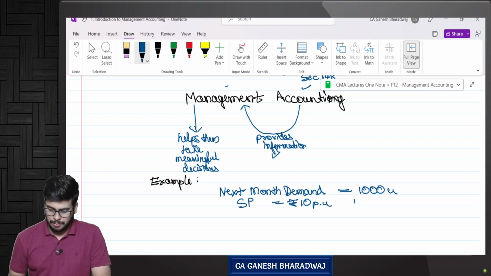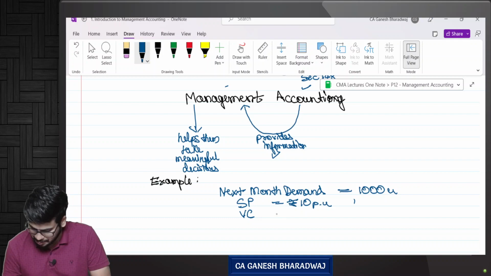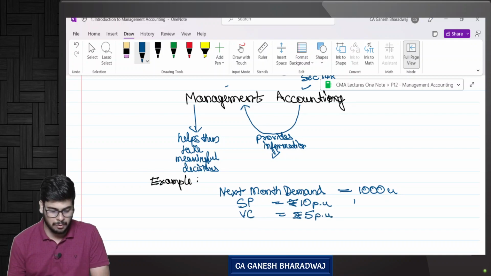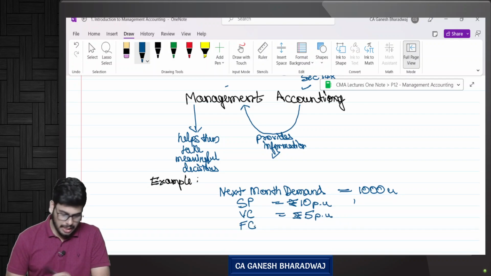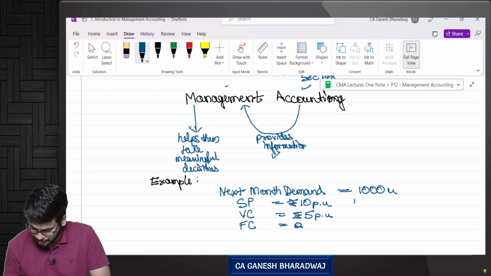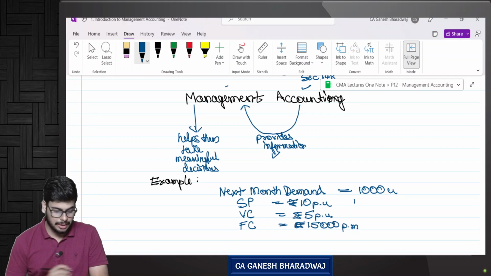Now there is something called variable cost. Variable cost per unit is going to be rupees 5 per unit. I will explain what is variable cost. Then you have something called fixed cost. Fixed cost is expected to be rupees 15,000 per month. Next month, the fixed cost is estimated to be 15,000 rupees.